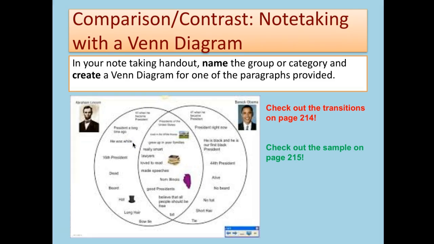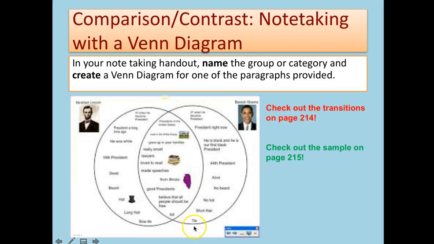So here's a traditional looking Venn diagram. This time in your notes, you have a choice between acoustic and electric guitars and telephone service. So you can choose either one of those paragraphs in your packet. And what I want you to do is to create a Venn diagram.